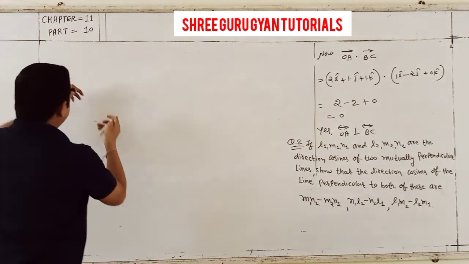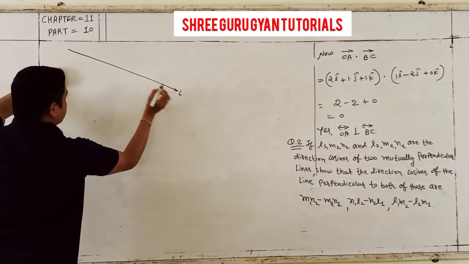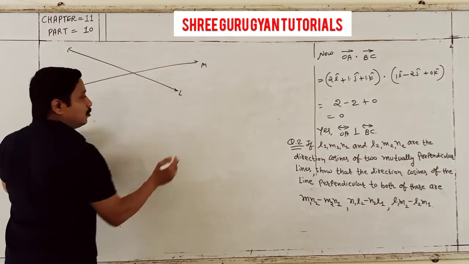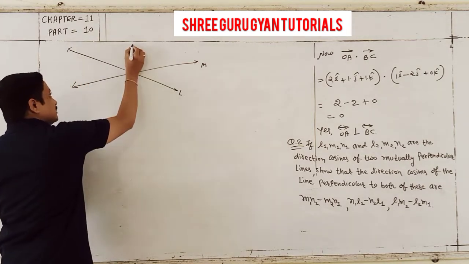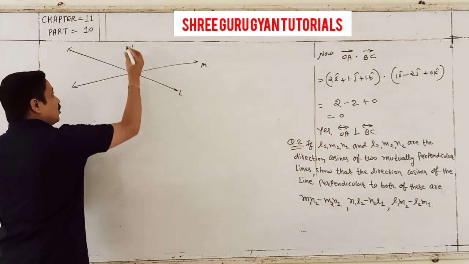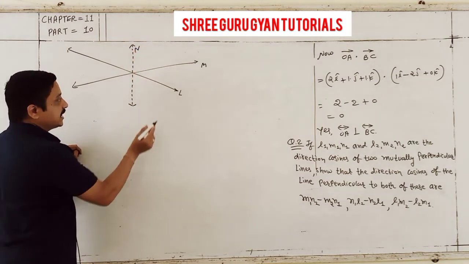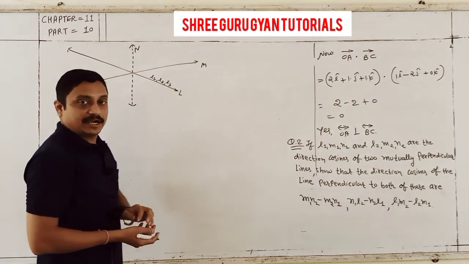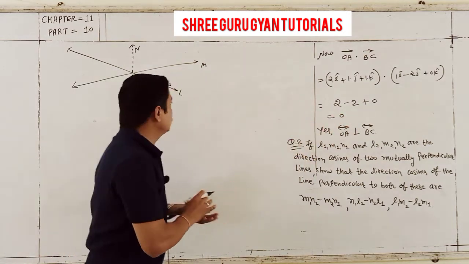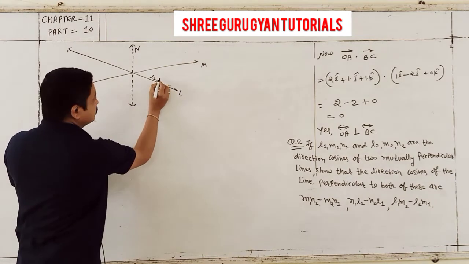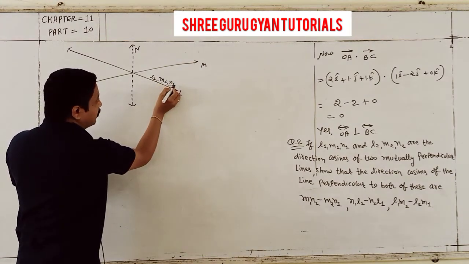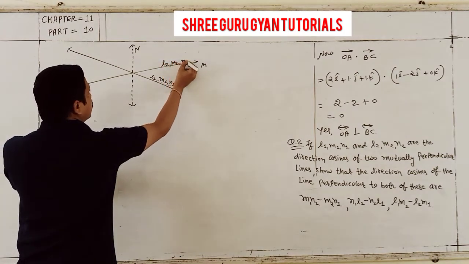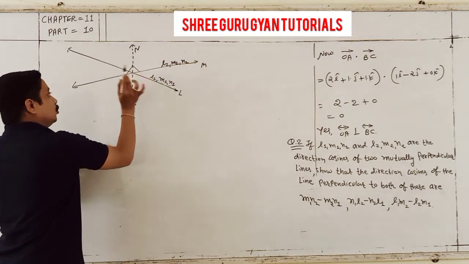Consider here your first line L with given direction cosines, the second line M also given, and a third line perpendicular to both. The direction of this third line is N. I just write properly: the first direction cosines are L1, M1 and N1, and the second direction cosines are L2, M2 and N2, and the required line is perpendicular to both.